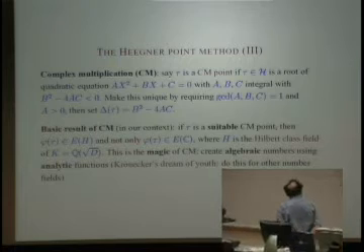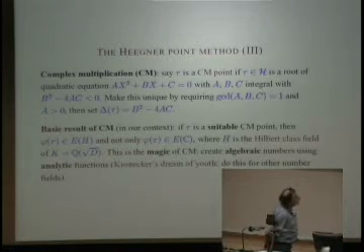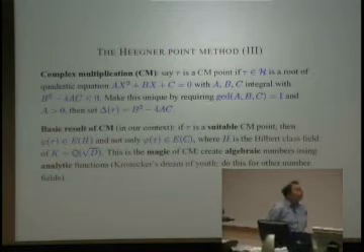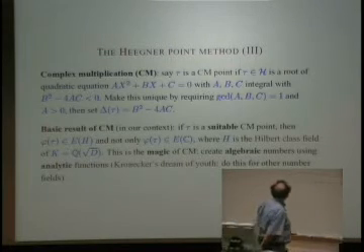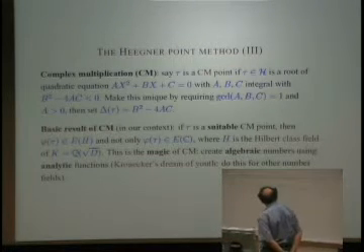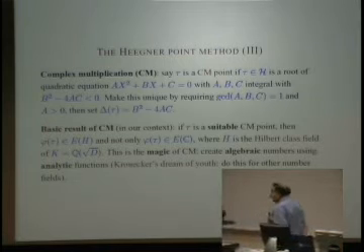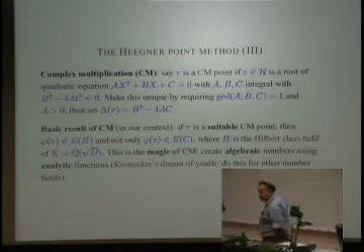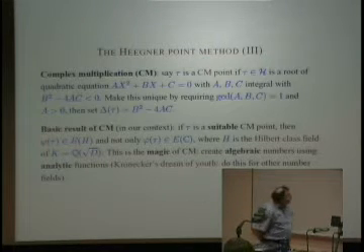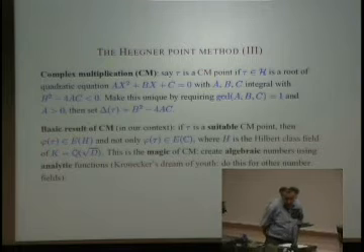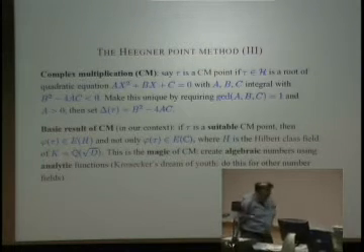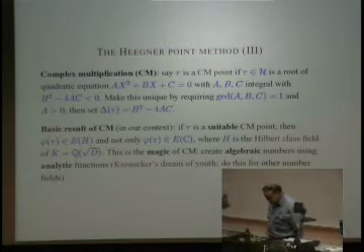So the basic result of complex multiplication in our context, there are several ways in which to state this, is that if tau is a suitable CM point, not every CM point works, then phi of tau, where phi is the modular parametrization that I just mentioned, is in fact an algebraic point on our elliptic curve. Of course, phi of tau is in E(C), it's on the elliptic curve, but not only is it with just arbitrary complex coordinates, in fact its coordinates are algebraic, which is completely miraculous.